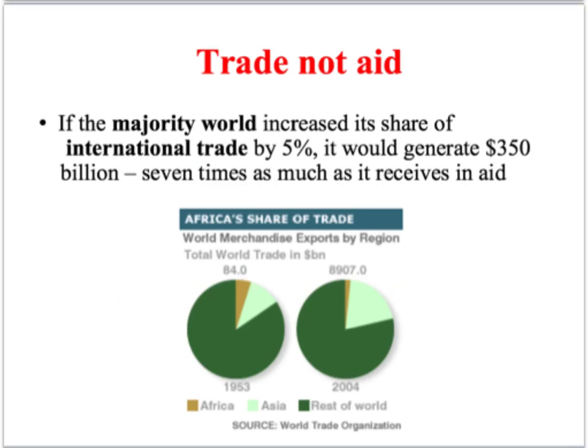So neoliberals argue that if developing countries, what we sometimes call the majority world, increase their share of international trade, this would be far more effective than international aid. This would generate a lot more income for those countries. And neoliberals would point particularly to the success of some of the Asian countries that have seen rapid economic development as a consequence of increasing their share of international trade.